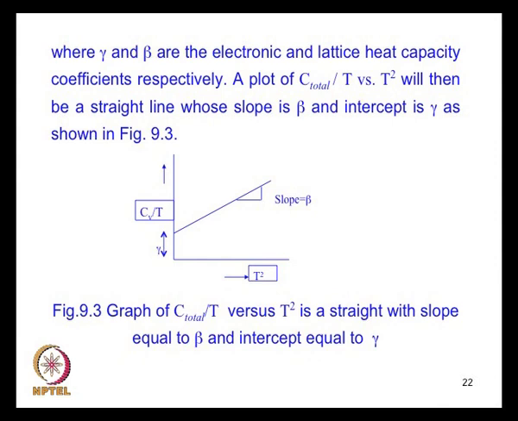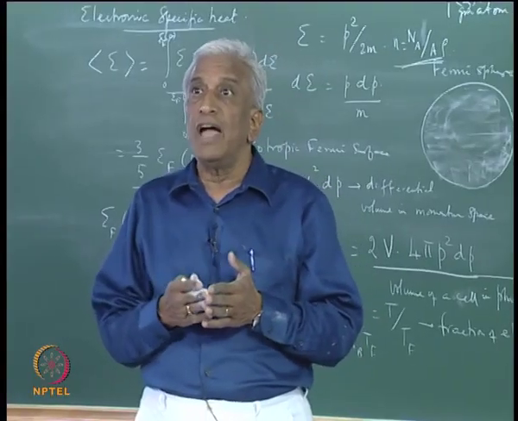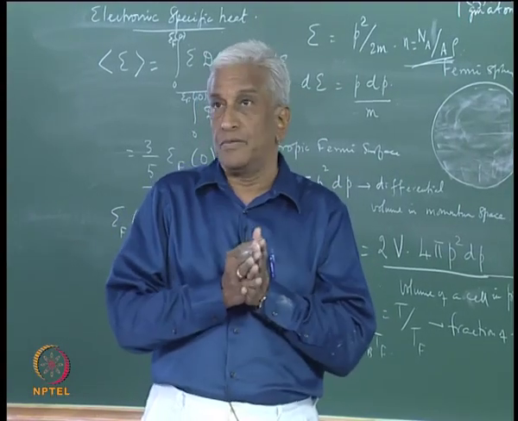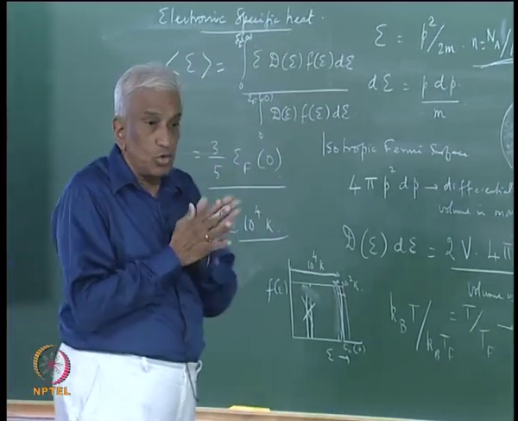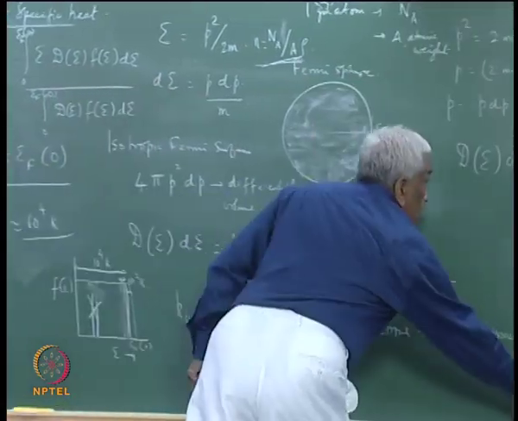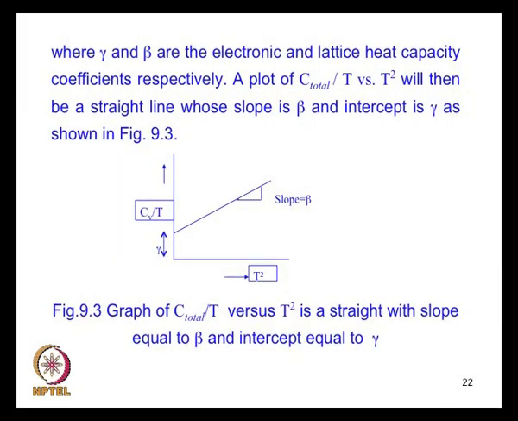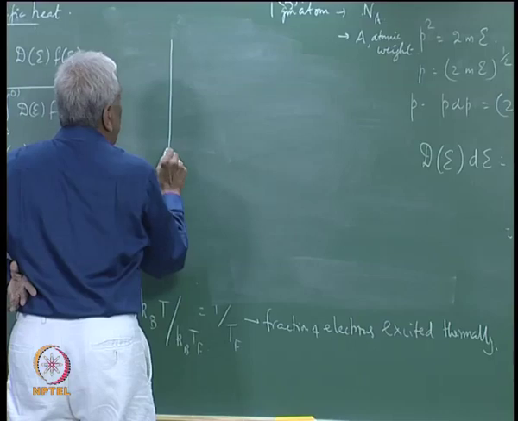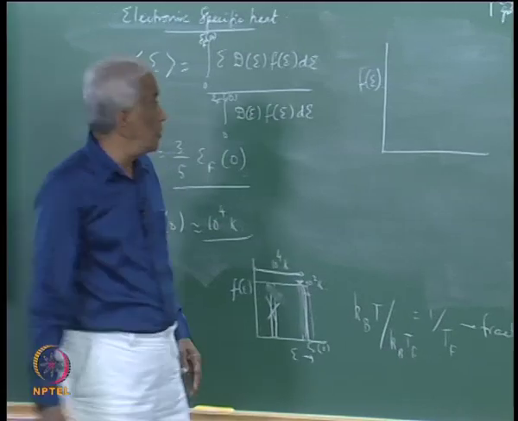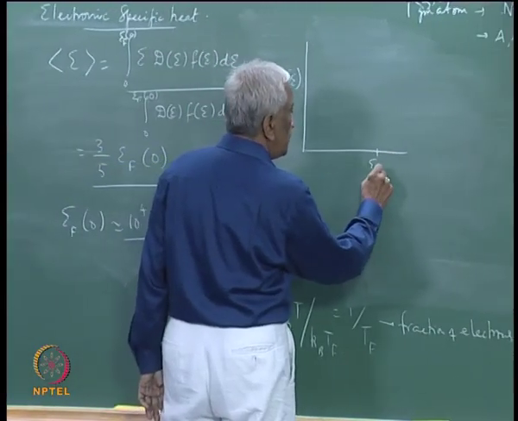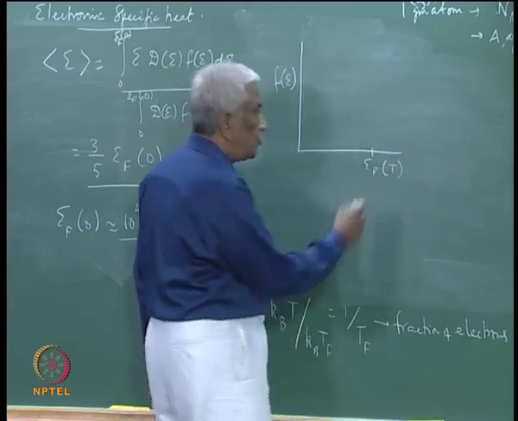Well, we have discussed everything at absolute 0, but the question arises, what happens when you have electrons at a finite temperature? This is a bit more difficult to calculate. We will not go through the details of this calculation here, but I will just roughly indicate what happens by looking at the distribution function. So, at a finite temperature, the Fermi Dirac distribution function, this is at a finite temperature which is not 0.